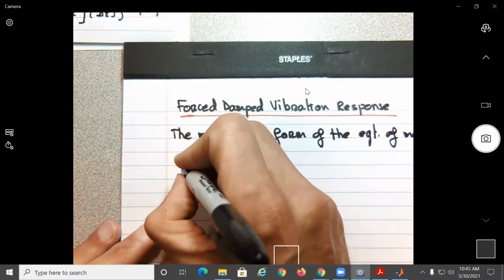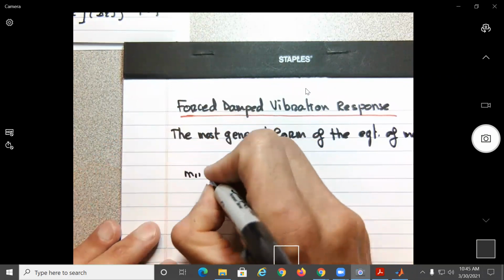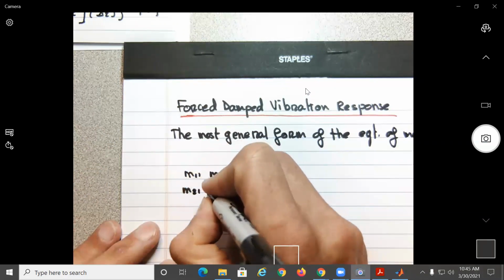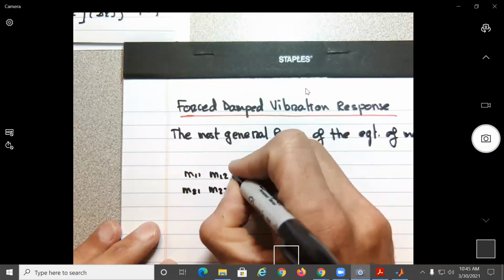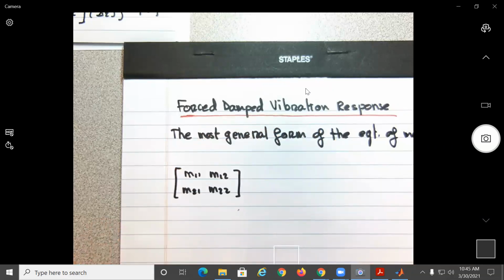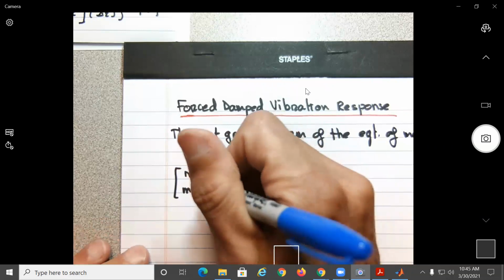But will be to have here M11, M12, M21, M22. So basically means to have values everywhere on the matrix.